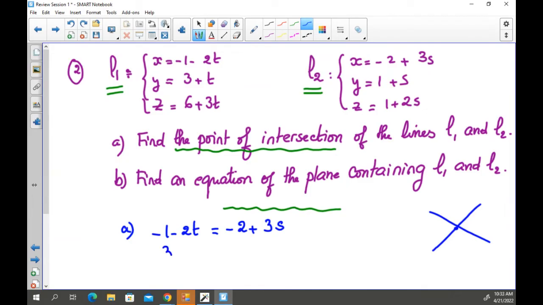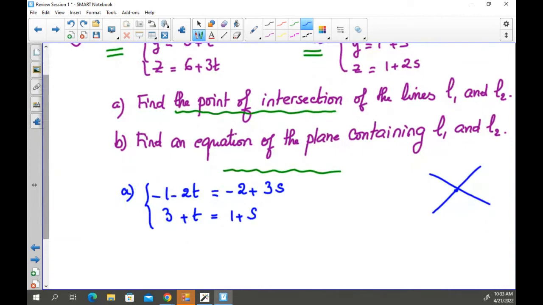So 3 plus t equal to 1 plus s. So you need to look at these two simultaneous equations and find t and s, and then we need to substitute into the lines and see what happens.